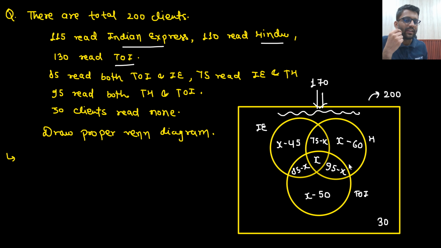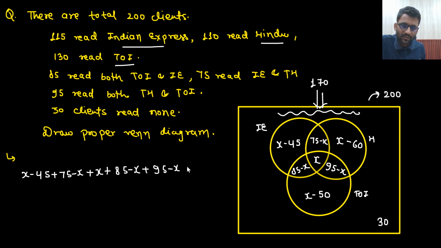So how will I find the value of x? All these combined are equal to 170. Basically, this number is x minus 45 plus 75 minus x plus 85 minus x plus 95 minus x plus x minus 60 and plus x minus 50 is equal to 170.